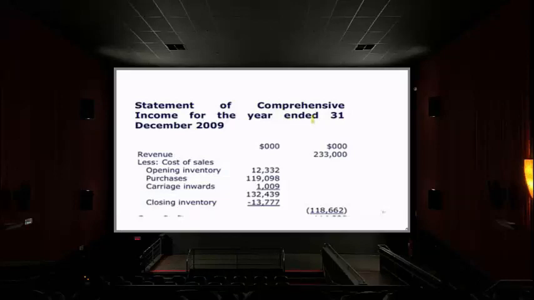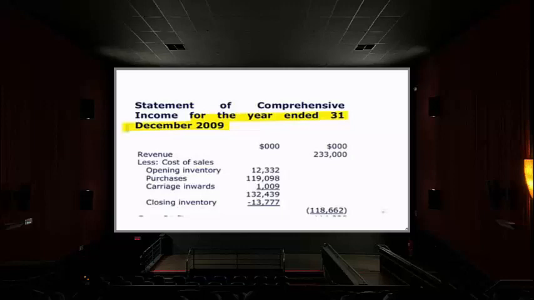It's going to be for the year ended. So all our income and expenses for the year ended, in this case, the 31st of December 2009. Okay? So it's always for the year ended. Okay? Everything in the year up to the 31st of December 2009. And that would be our year-end cut-off.